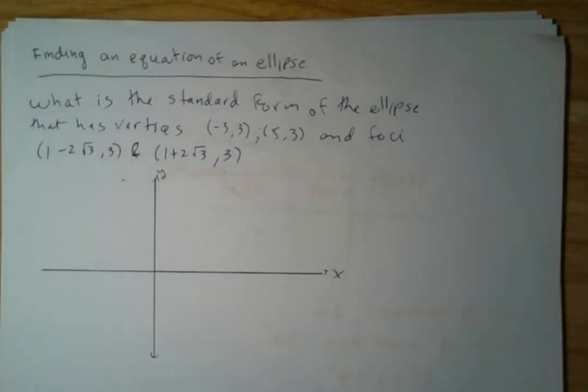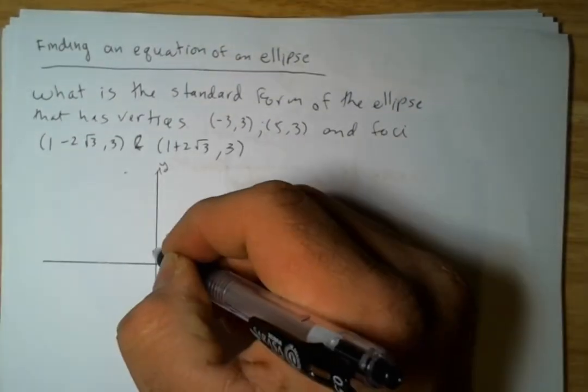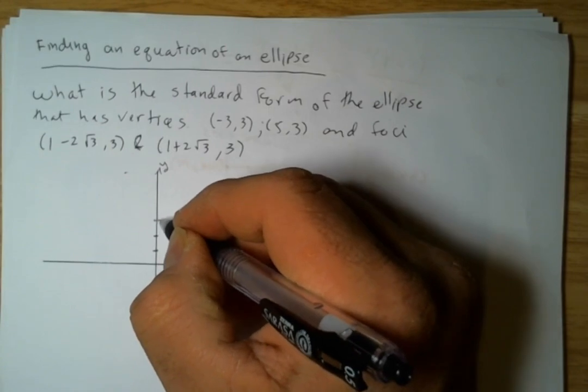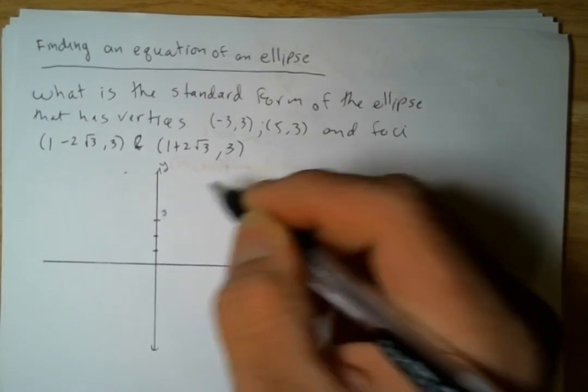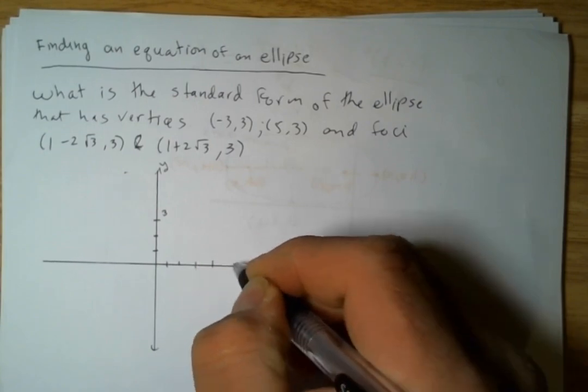If you don't see that right away, that's why I always suggest just draw what you have. Before we even try to do anything, I think it's important to visualize what it is that we're looking for. Very important step here, in my opinion. So if this is 3, we have 1, 2, 3, 4, 5.